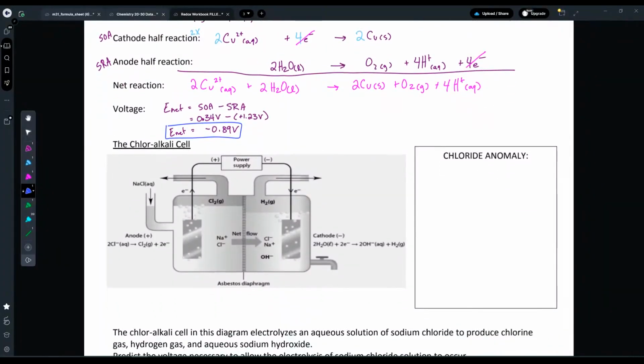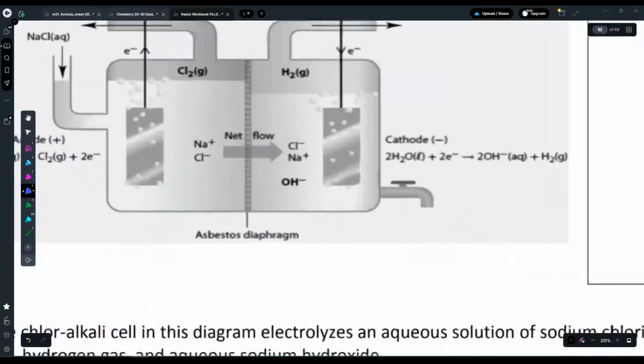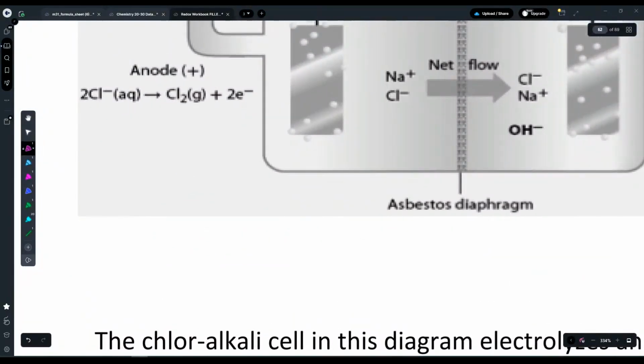Okay, so we're going to move on to a unique cell for electrolytic cells. So it's important to note that what I'm going to talk about in this section only applies to electrolytic cells.